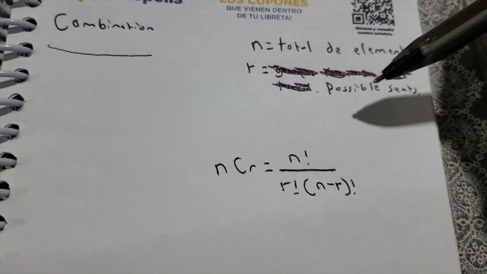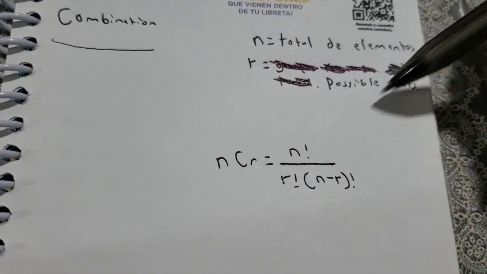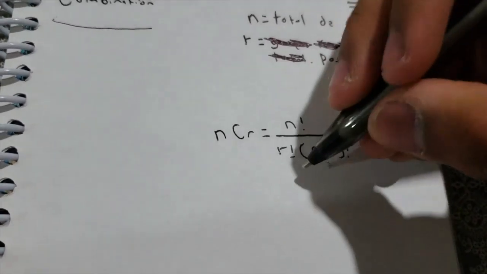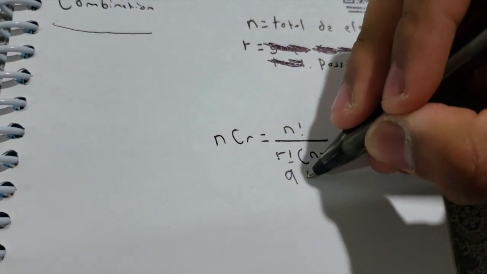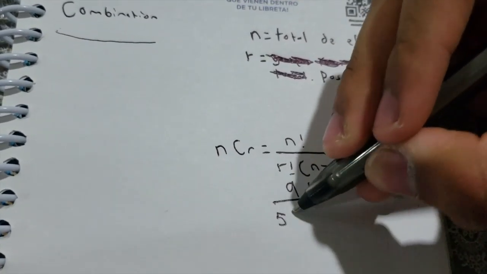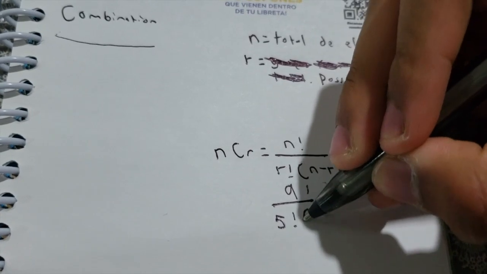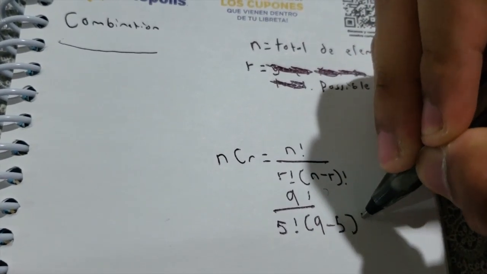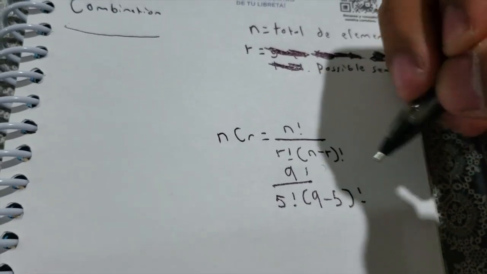So we have to substitute all the values. Then we get 9 over 5 factorial times (9 minus 5) factorial.